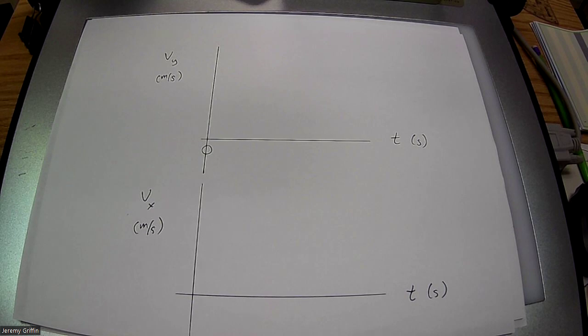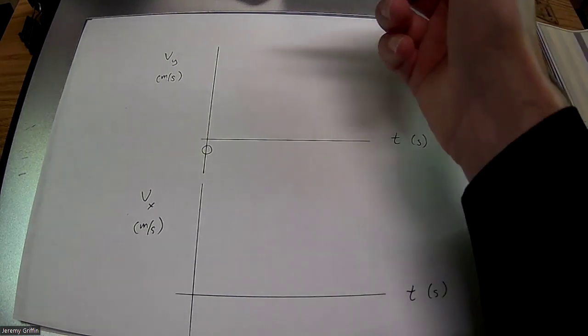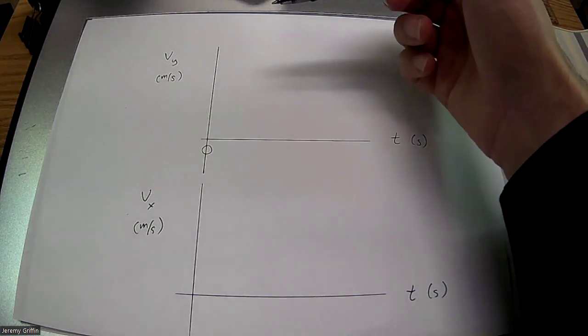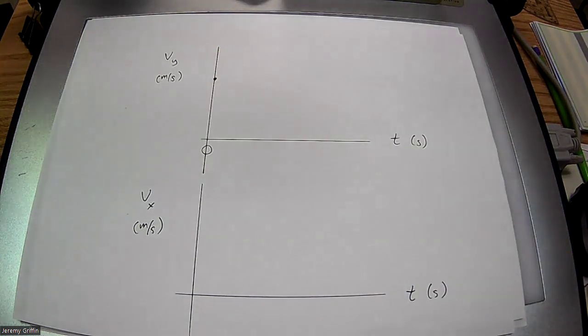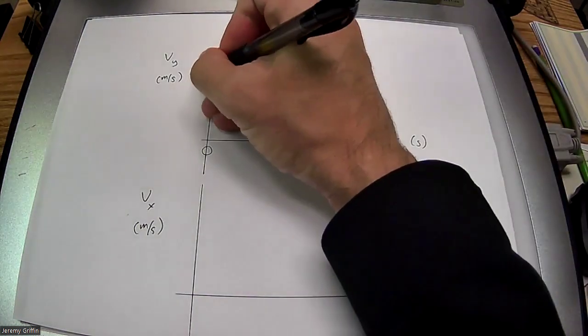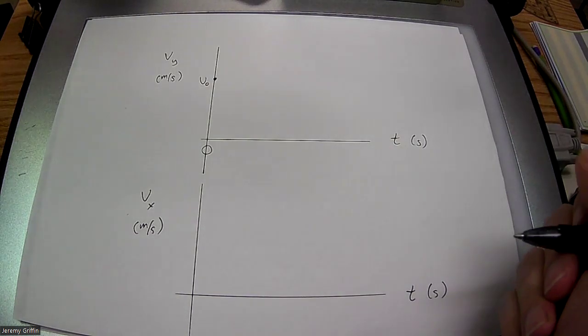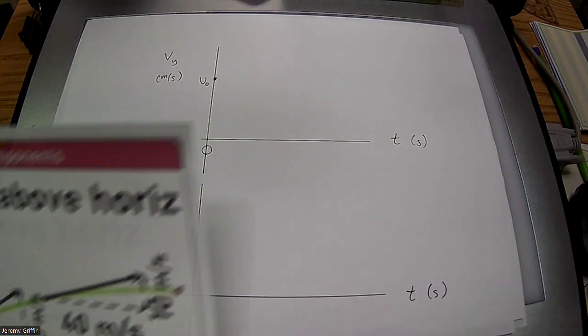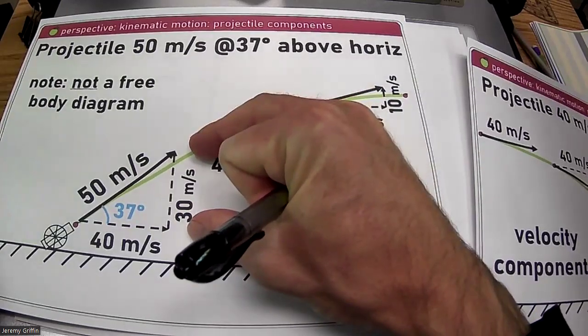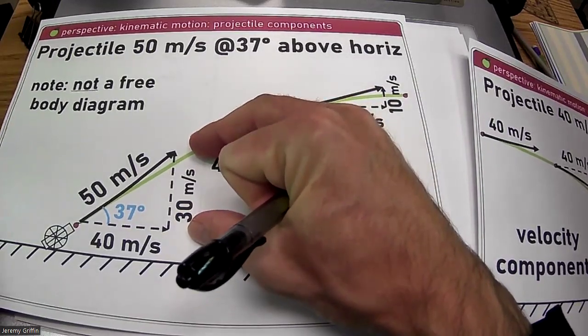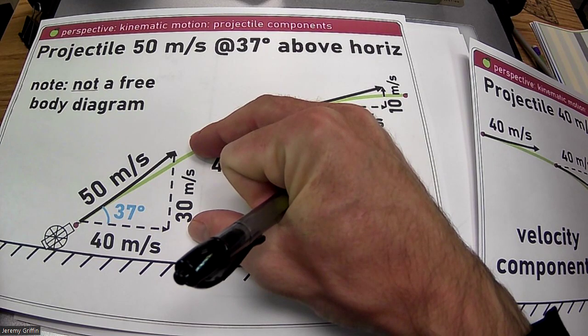If up is positive, then right as it's leaving the cannon, can you do an initial velocity point? Something like this, that could be v naught. Maybe I'll graph this. If I have exactly these numbers, could that be 30 meters per second right there?